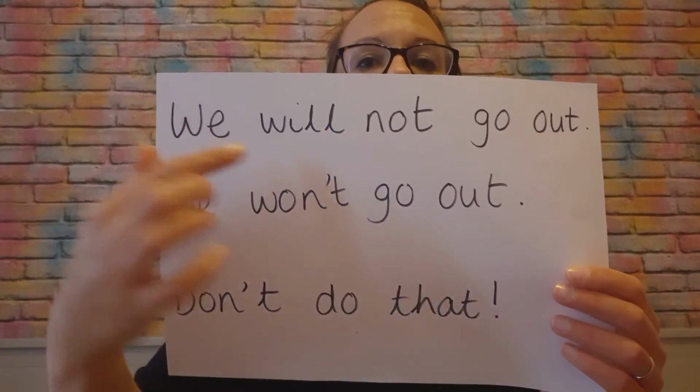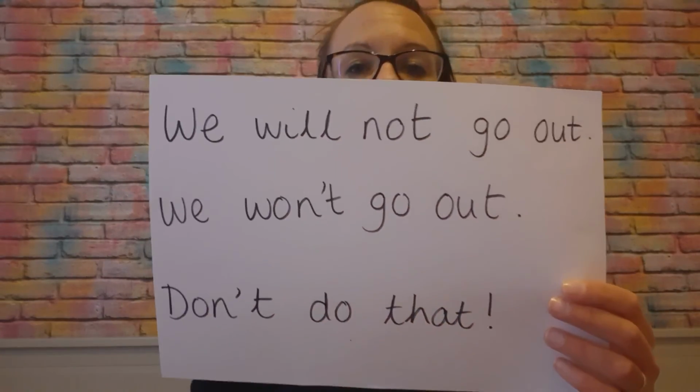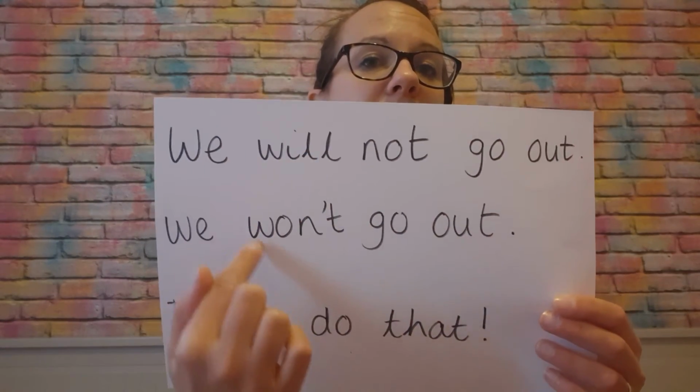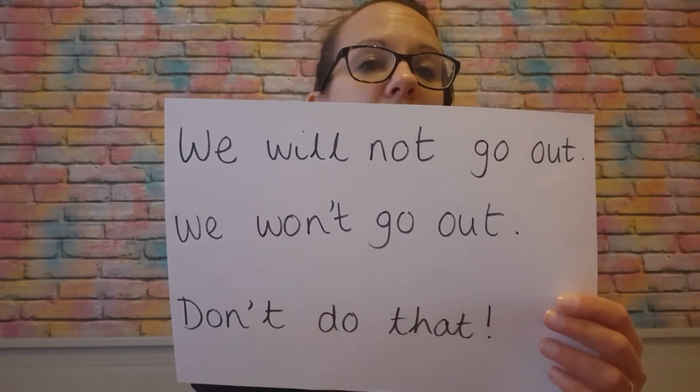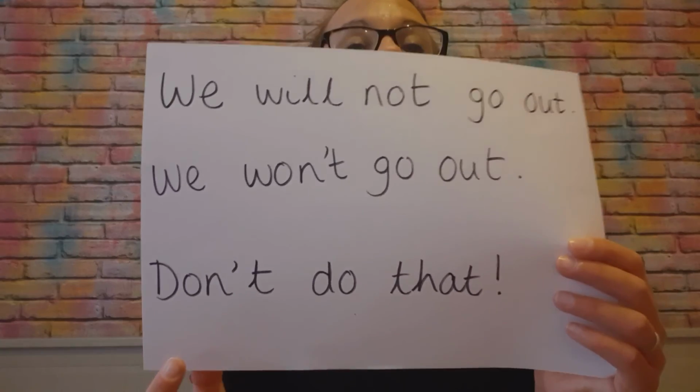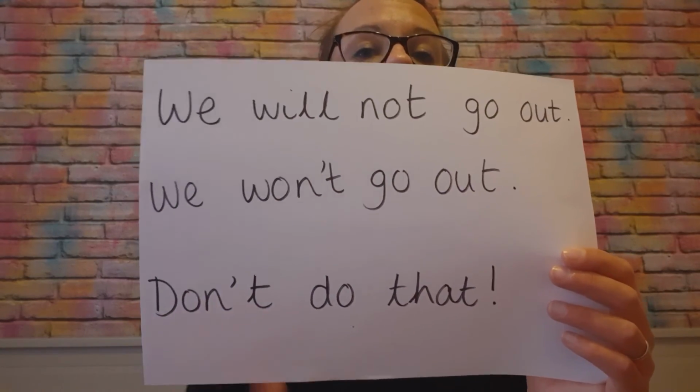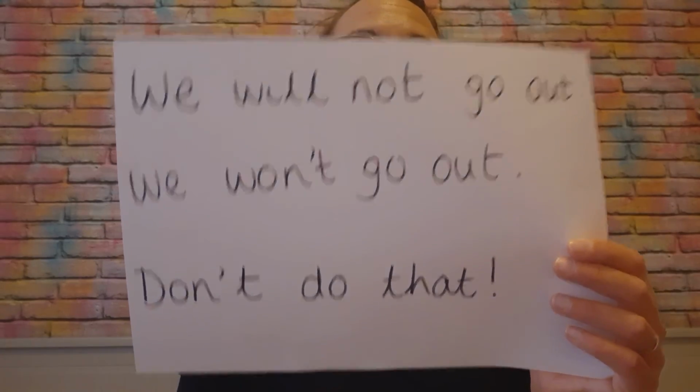So I've got, we will not go out. And then I've written, we won't go out, because they actually mean the same thing, don't they? It's just that I've used a contraction here. And then at the bottom, I've put, don't do that. So don't meaning do not do that. Okay, so it's your turn to go and write some sentences using those four words now. So didn't, don't, can't, and won't.